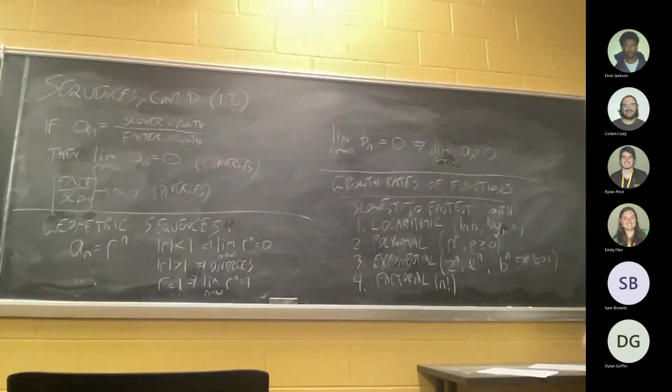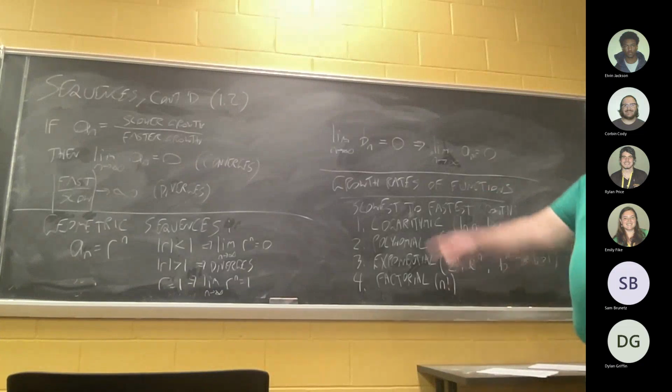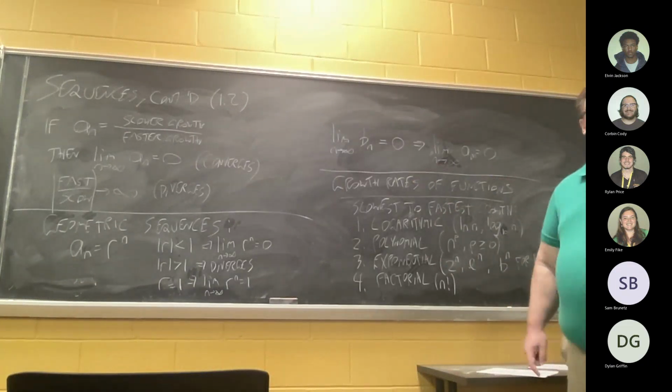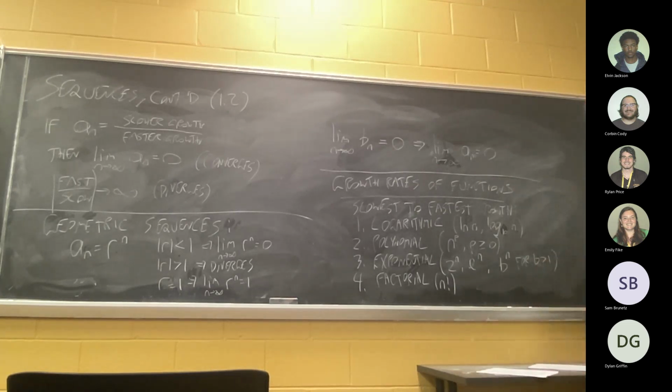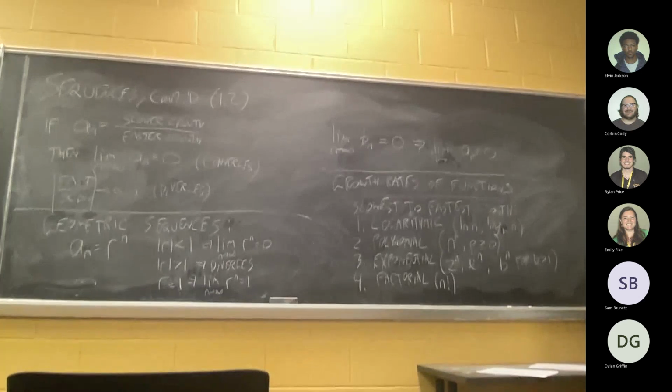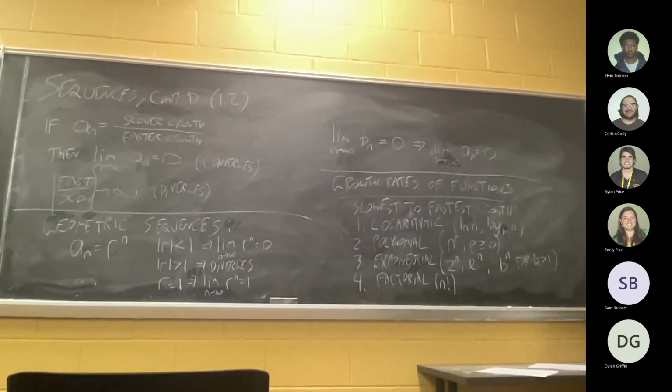Now, what's the one case I've not covered? That's under absolute value of r less than 1. That'll be covered under absolute value of r greater than 1. It's one single solitary number that's not covered. No, it's still a real number. 0?